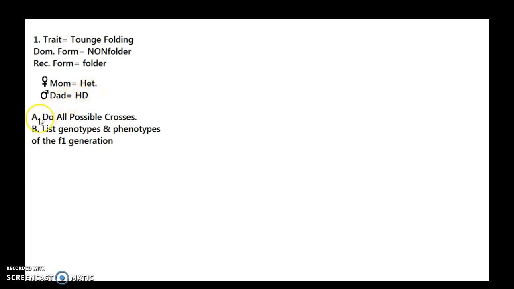And I'm asking you in A to do all possible crosses, and B, list the genotypes and phenotypes of the first filial, F1, generation. What F1 means, first filial generation, is the results of the Punnett square that you're doing, the offspring that are being created. That's what I'm interested in.